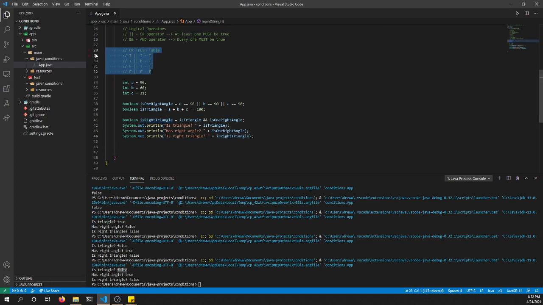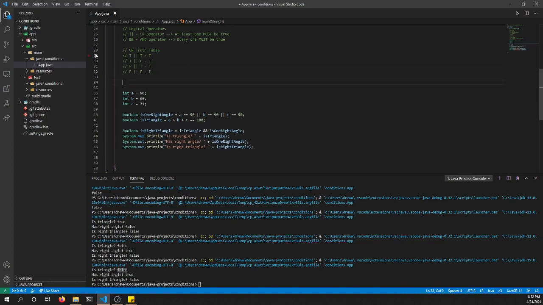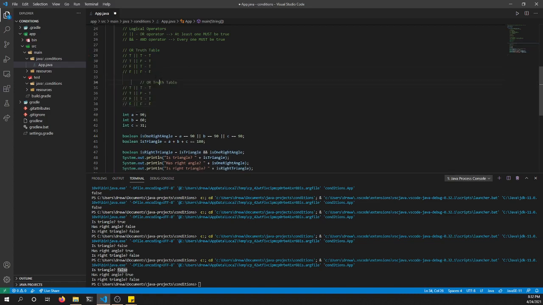So we're going to build up not the OR truth table, but now we're going to build up the AND truth table to make sure we understand it. So we have, instead of the two vertical bars, we have two ampersands. So the AND says everyone must be true. True and true. Both are true. True and false.